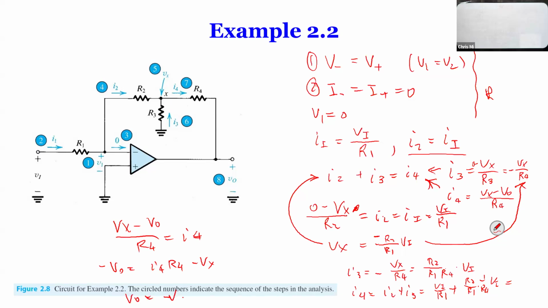So of course, Vx we already found over here, plugging here, and I4 we plug here. We can find the output voltage. Yeah. Shouldn't I3 be minus Vx over R3?